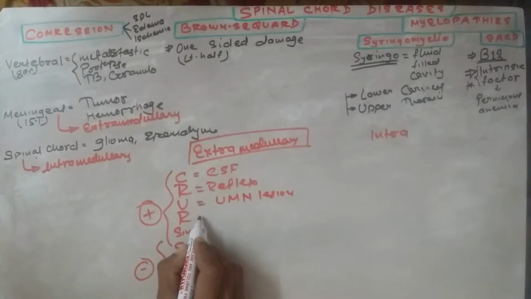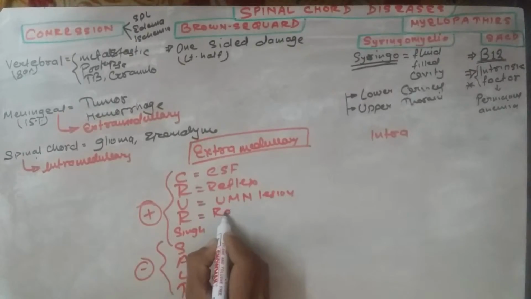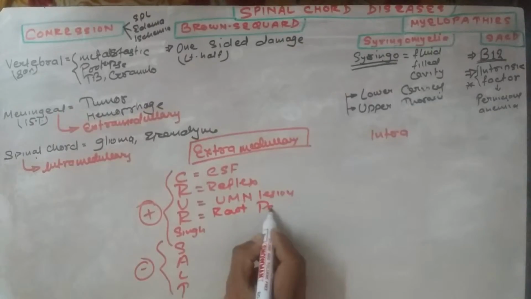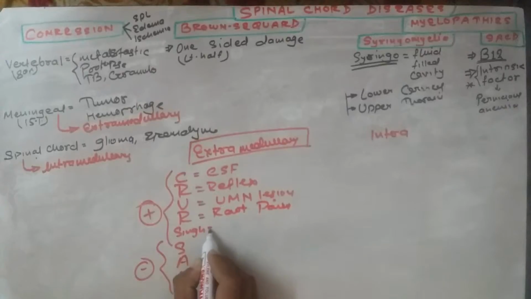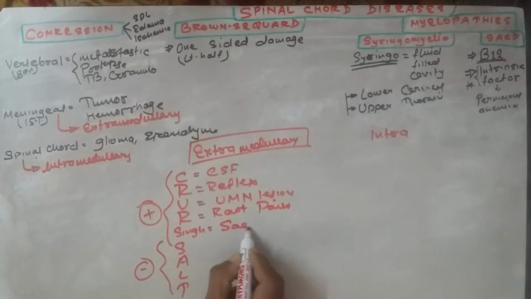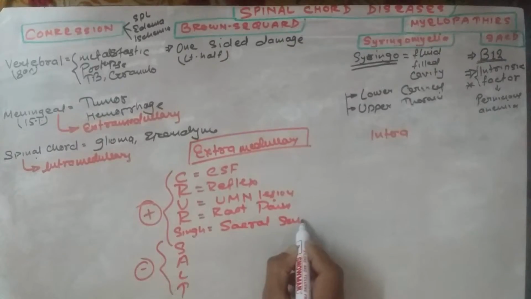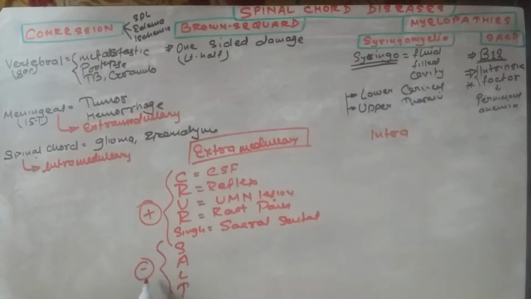The next R is for root pain, which is a very early presentation in extramedullary. And sacral sensation is lost in extramedullary.